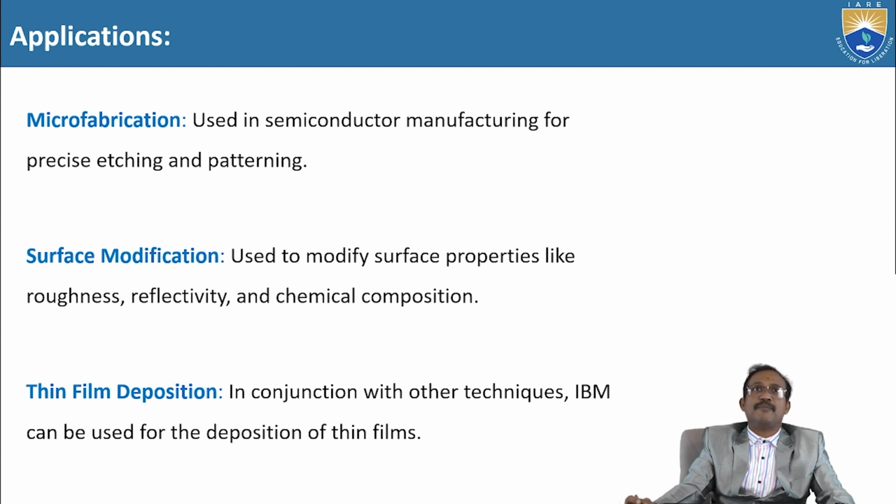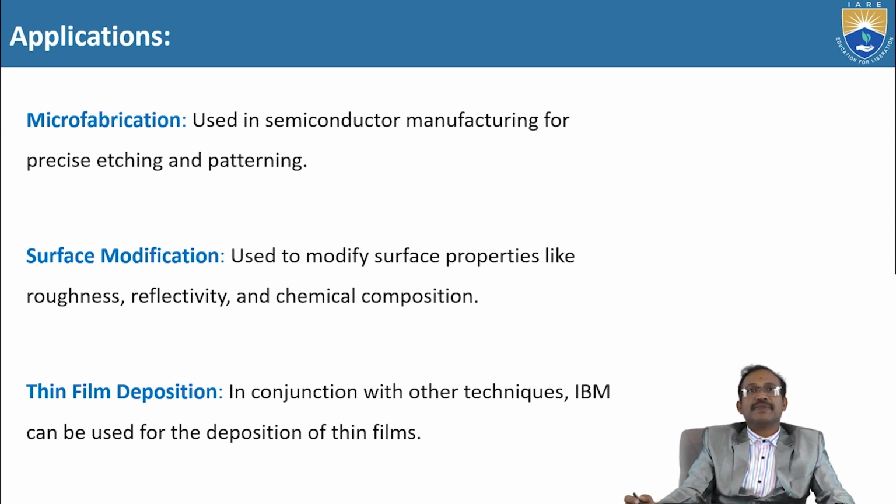Now let us see the applications. Micro fabrication: used in semiconductor manufacturing for precise etching and patterning. Surface modification: used to modify surface properties like roughness, reflectivity, and chemical composition.